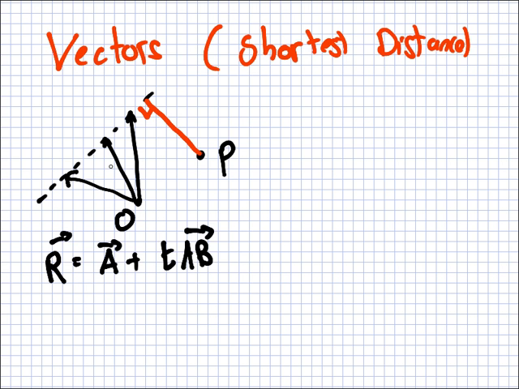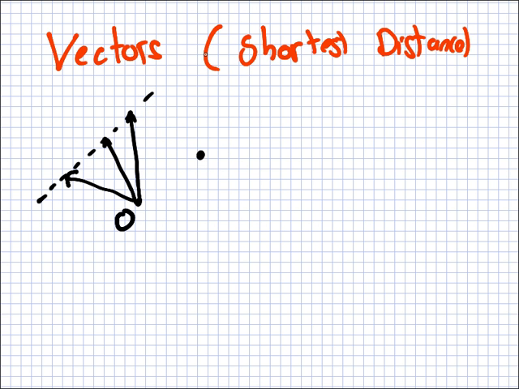Or you know what, actually, I think what I'll do, let me for the moment just call this point X for the moment. And I want the shortest distance here.